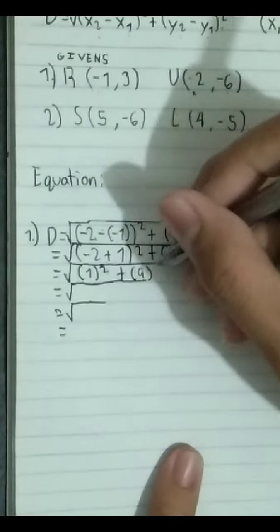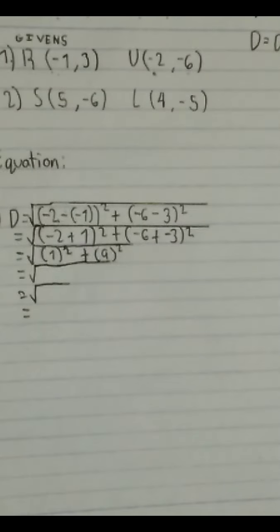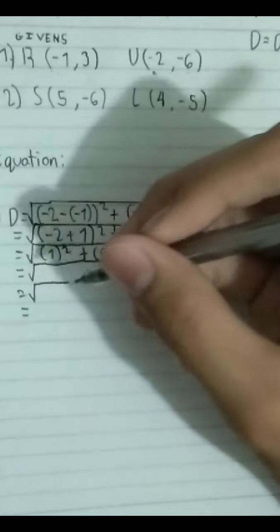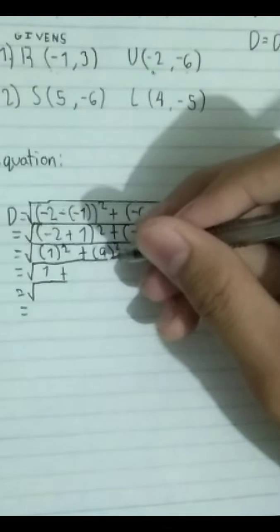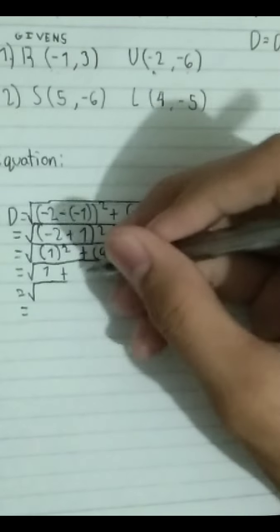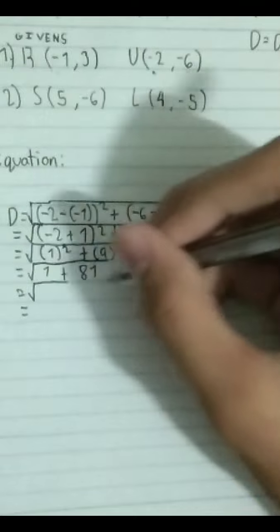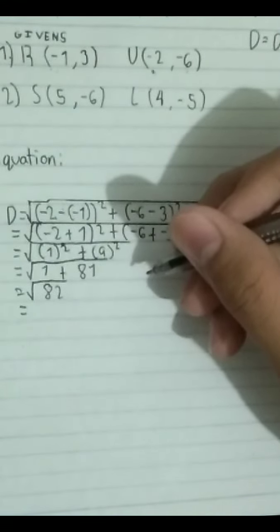Let's put the quantity, then squared, yes. So next, 1 squared is equals to 1, and 9 squared is equals to 81. And let's add them together, and it's equals to negative 82.